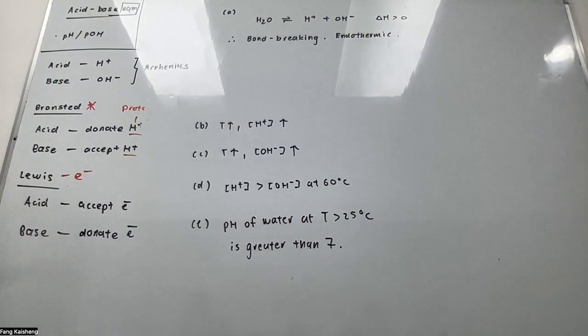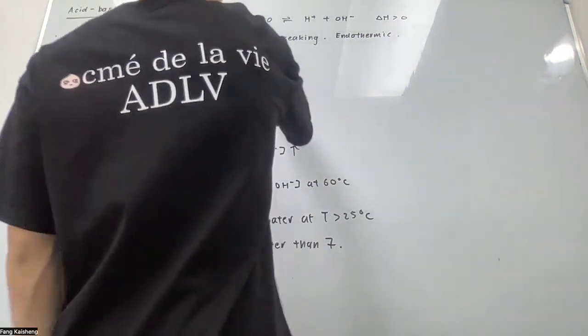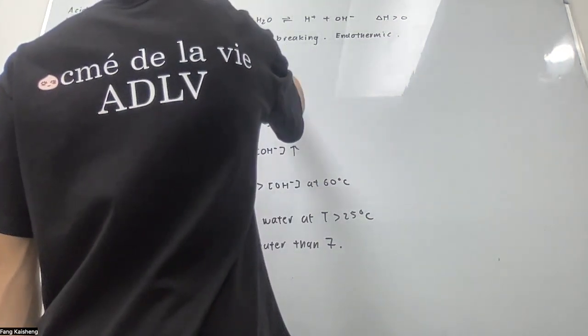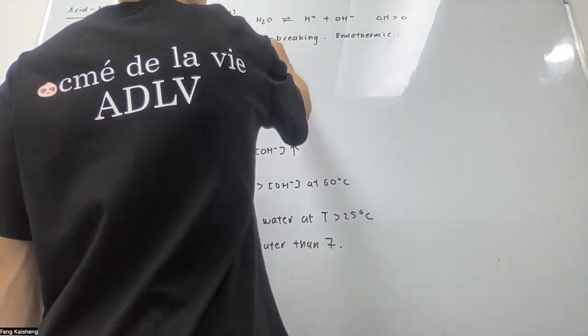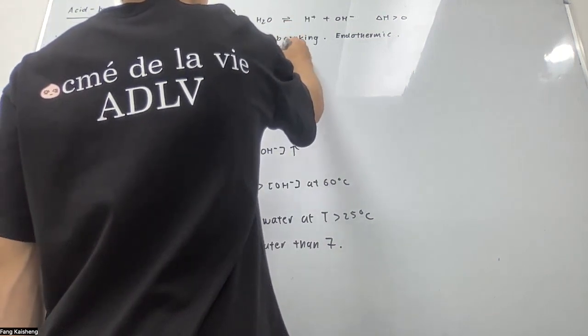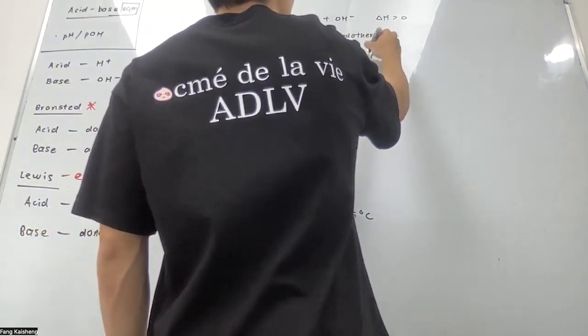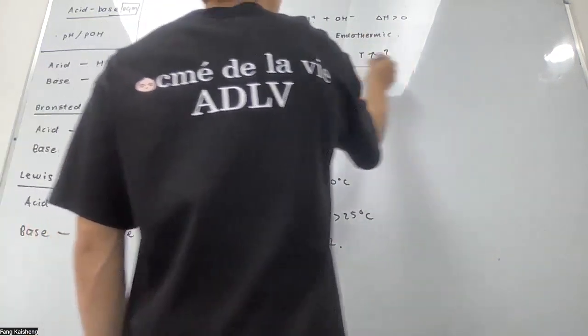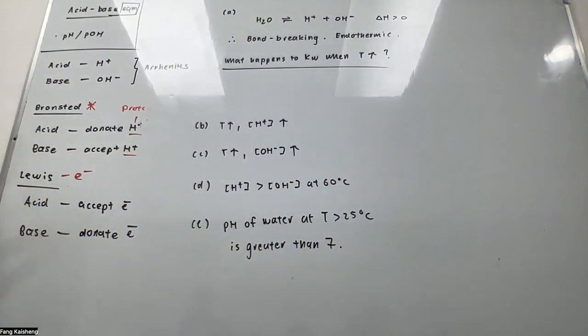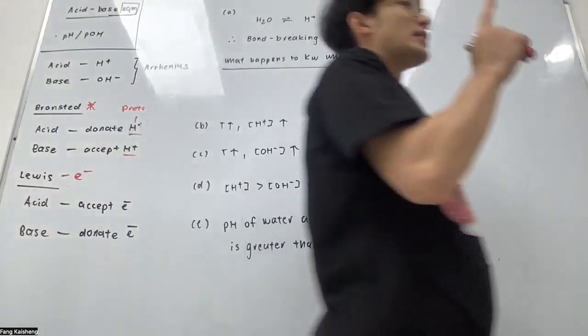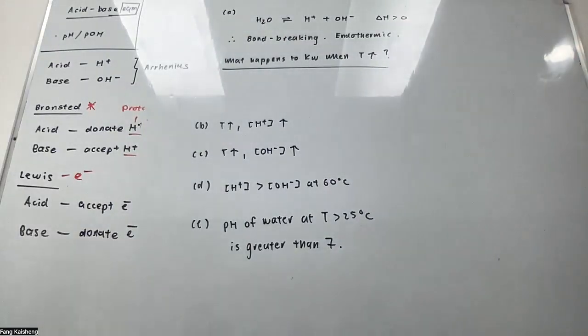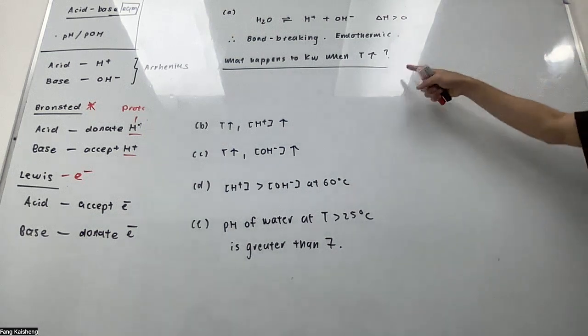But because there's a lot of space in the box, let's write down an alternative question. Now that we have established that this is a bond-breaking endothermic process, we can answer part 2 of this question.